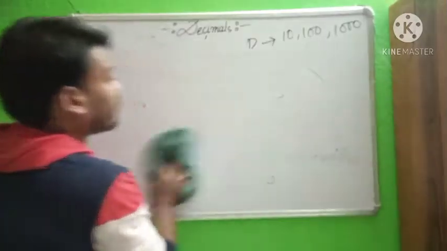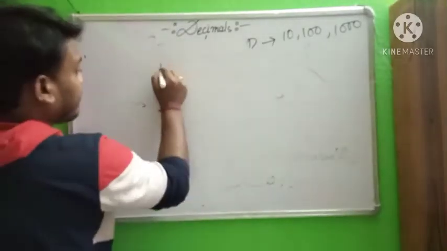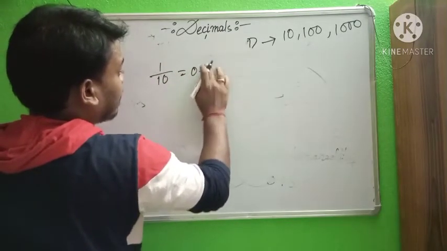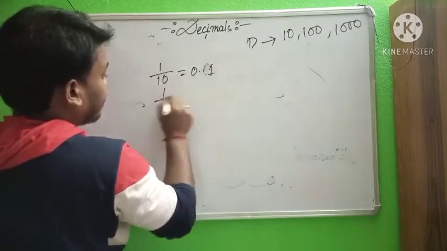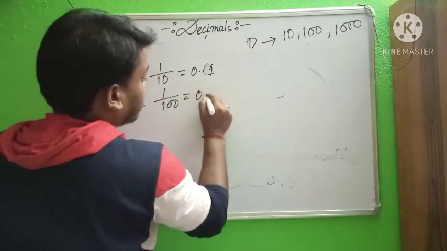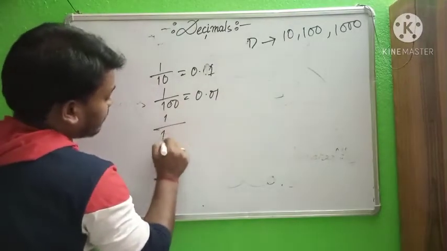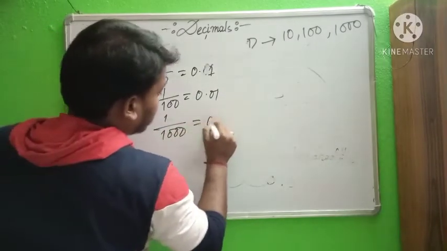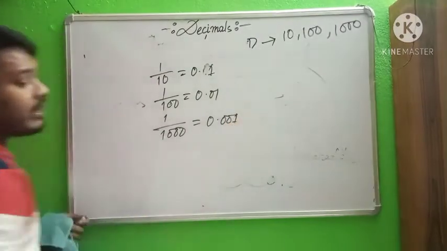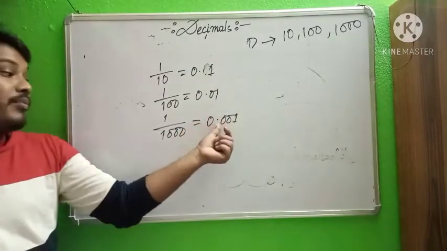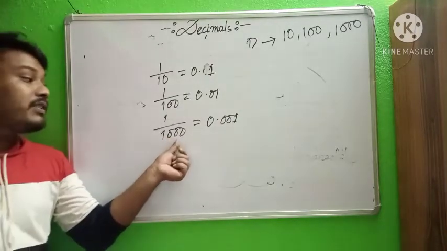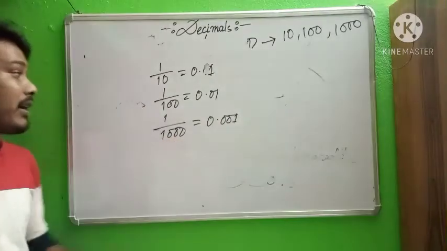So 1 by 10 we write 0.1, 1 by 100, that means hundredth, equal to 0.01, and 1 by 1000 is 0.001. So it is clear the decimal point depends on the number of zeros in the denominator.